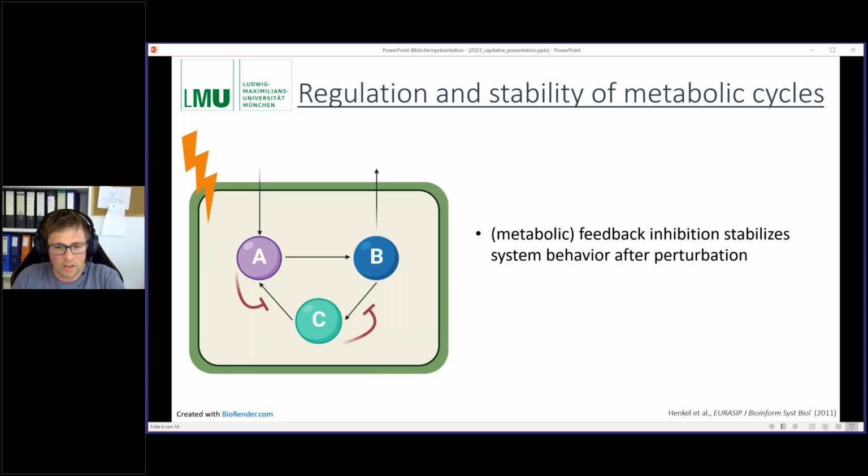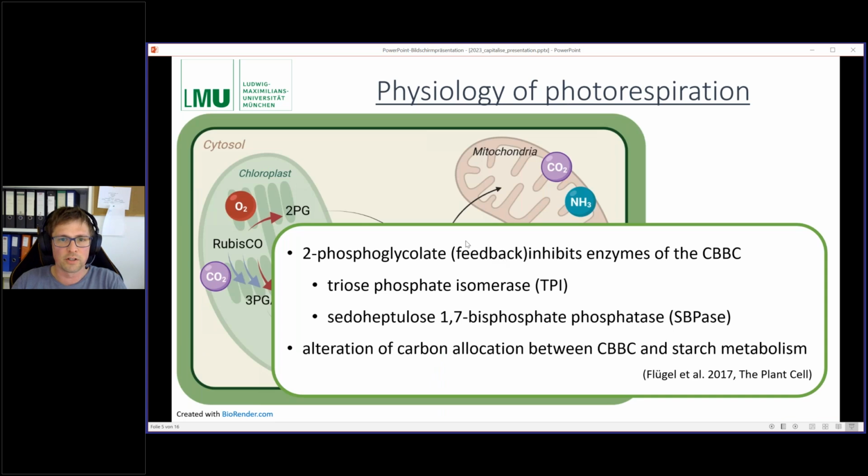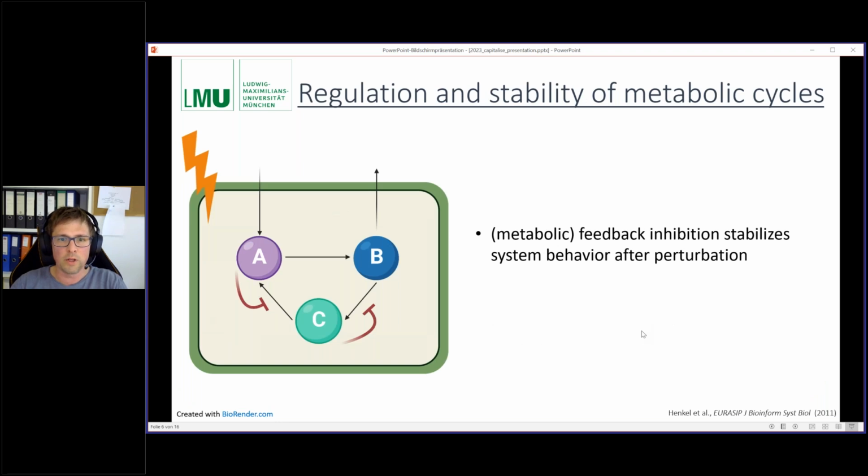Now, what interests us in this context is how can we use this information to get a better understanding of the system responses, the system dynamics, which result from such feedback inhibition, for example, of 2-PG on TPI or SBPase. So in our studies, we aim to resolve system dynamic consequences coming from biochemical evidence.